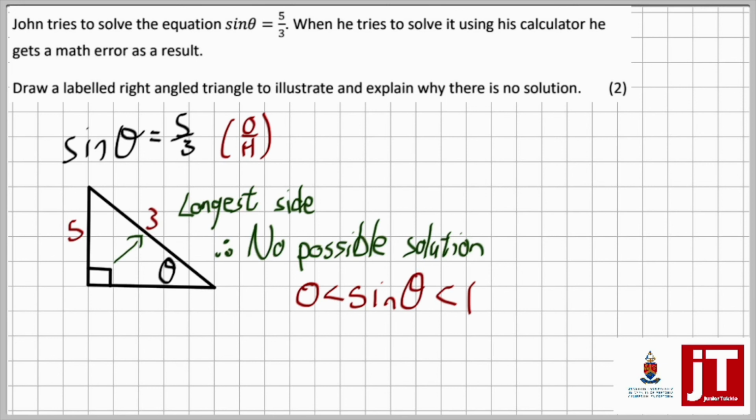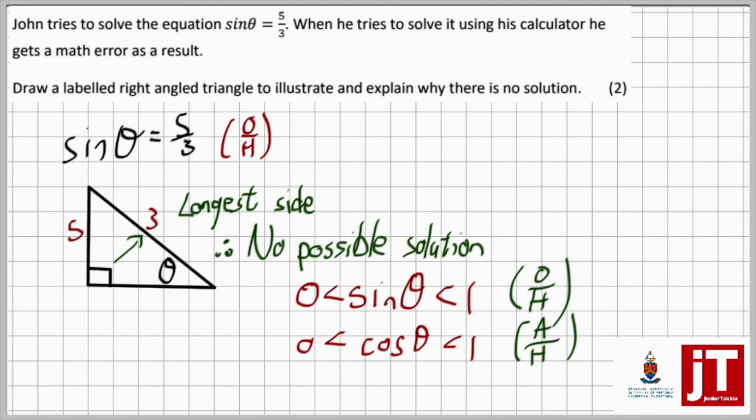The same with cos of theta. It's always going to lie between 0 and 1. Because remember, sin of theta is opposite over hypotenuse. Your hypotenuse has to be the longest side. While cos of theta, remember, is adjacent over hypotenuse.